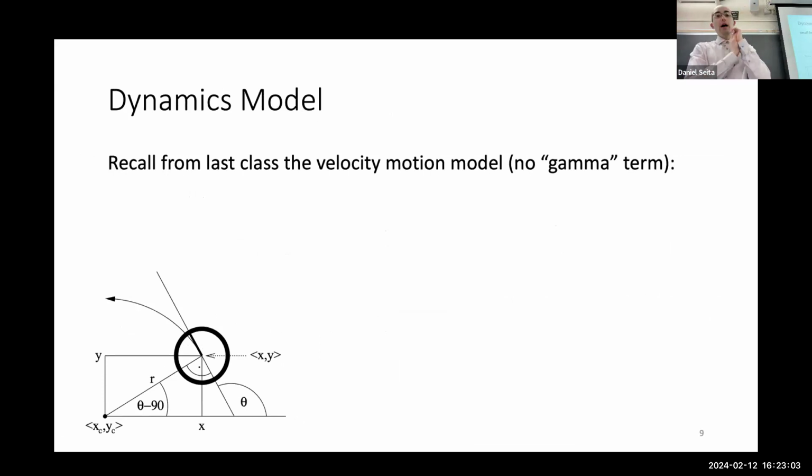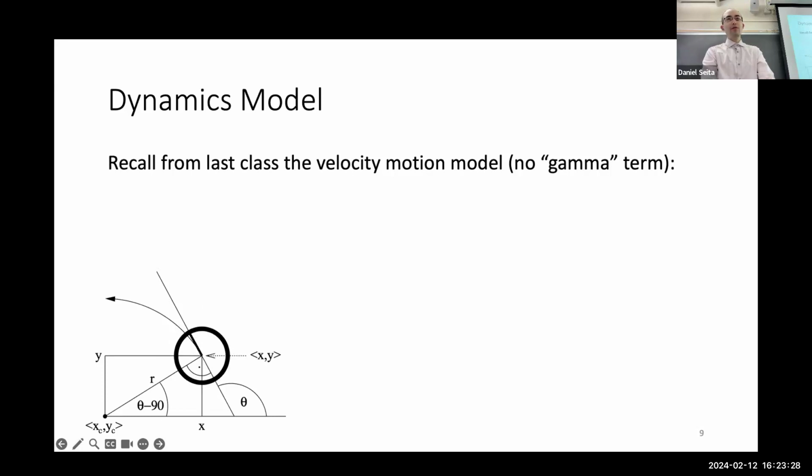Oh yeah, so last class, you might recall that we talked about a motion model, the velocity motion model. Remember the problem setup: you have a single mobile robot operating on a 2D plane. This is the plane, this bold circle is the robot.